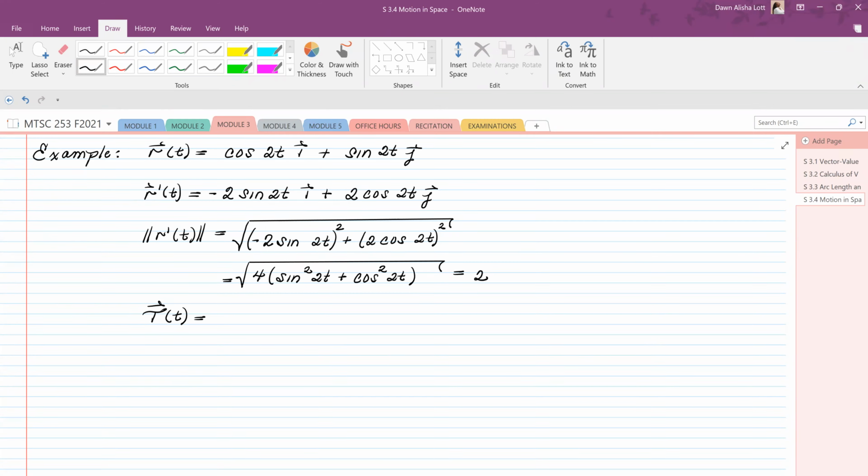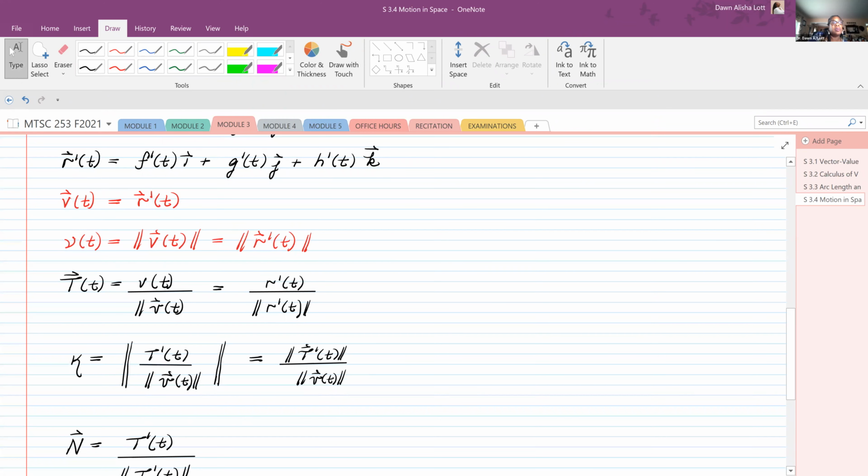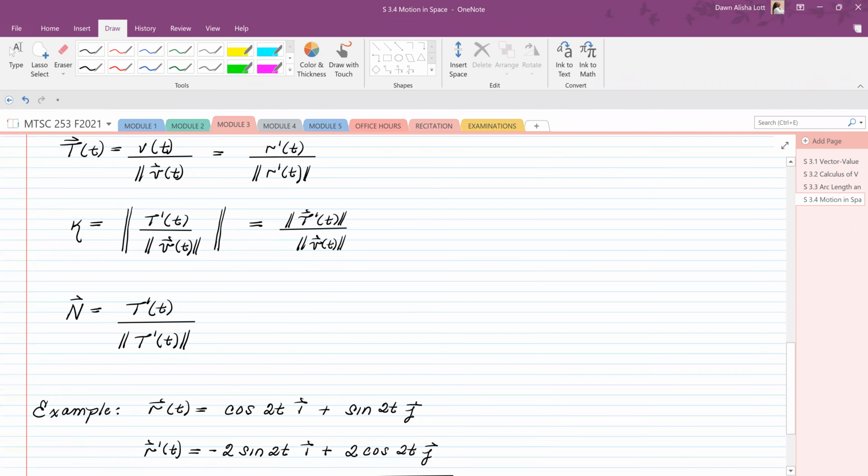We take r prime of t and divide by its length.